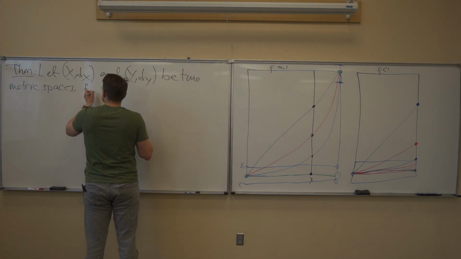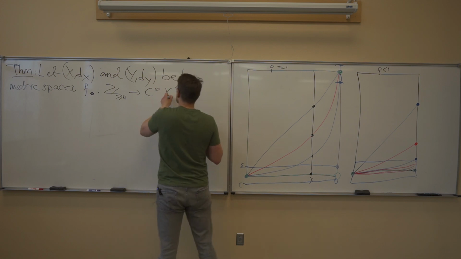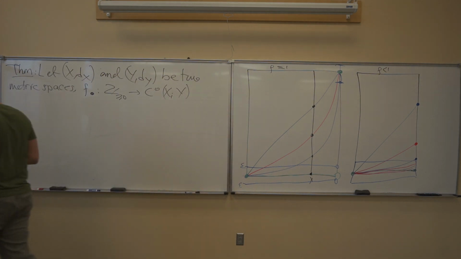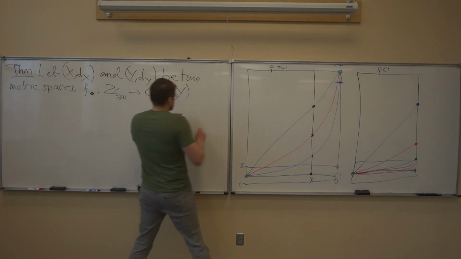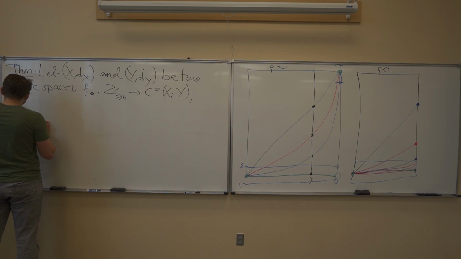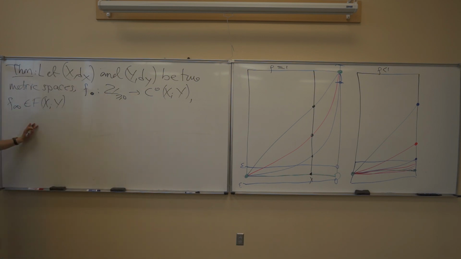Let f bullet be a sequence of continuous functions, and f infinity some arbitrary function. I don't know the continuity of it. If f bullet converges uniformly to f infinity, in other words, if f infinity is the uniform limit of the sequence f bullet, then in fact this function is continuous.